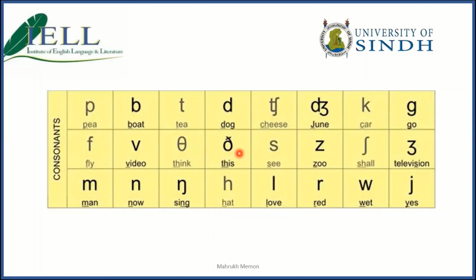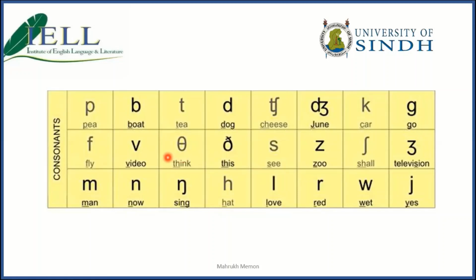आपकी जो जबान है आपकी दांतों के बीच में आनी चाहिए whenever you're pronouncing these two sounds. We will learn in detail how all consonants are pronounced, but for now you just need to remember that whenever we are pronouncing these two sounds, we have to keep our tongue between our teeth. For example, think.